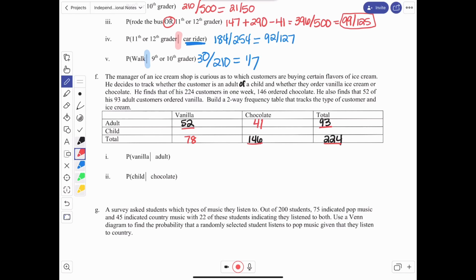I can do my 78 minus 52 to give me 26. I can do 146 minus 41 here to give me 105. And then I can do lots of ways to get this last number here. I can do 224 minus 93 to give me 131. Or I can add up 26 and 105 to give me 131. Okay, so this is similar.